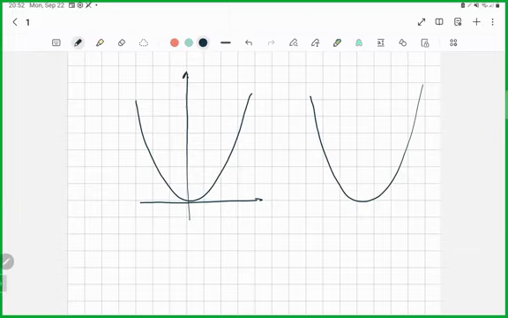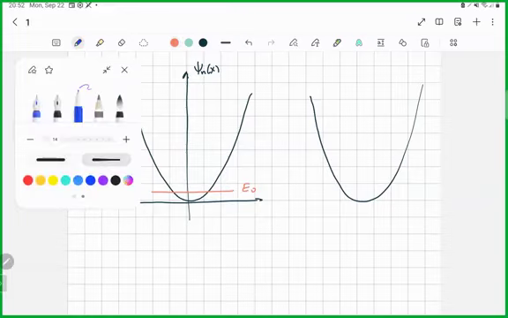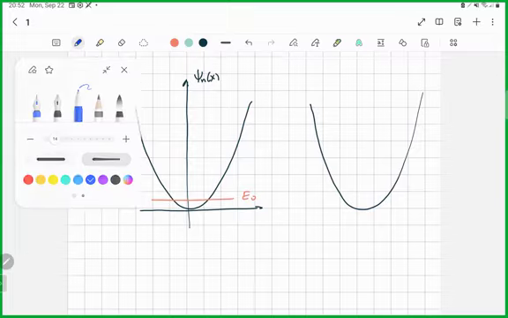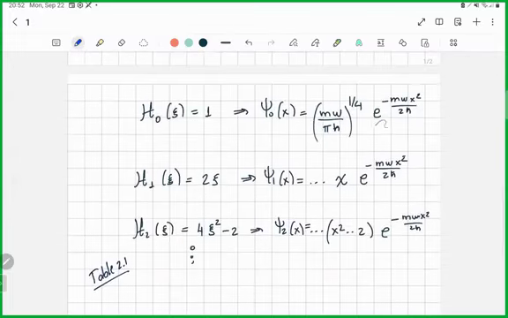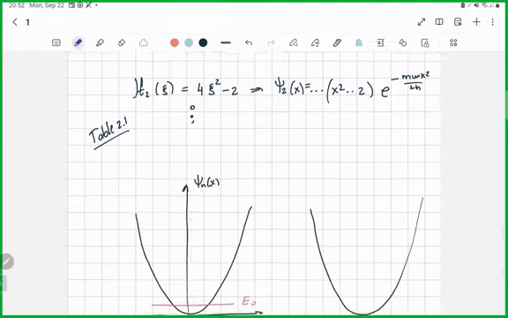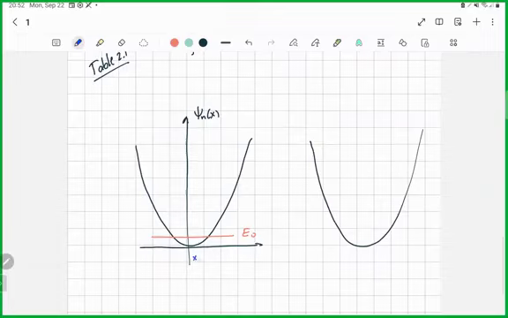I'm going to start with the ground state, and I'm going to make a drawing for that wave function. Well, it's a Gaussian, right? We know it's a Gaussian. So where is this function maximum, right? At x0. So right here it's maximum, and then it decays.